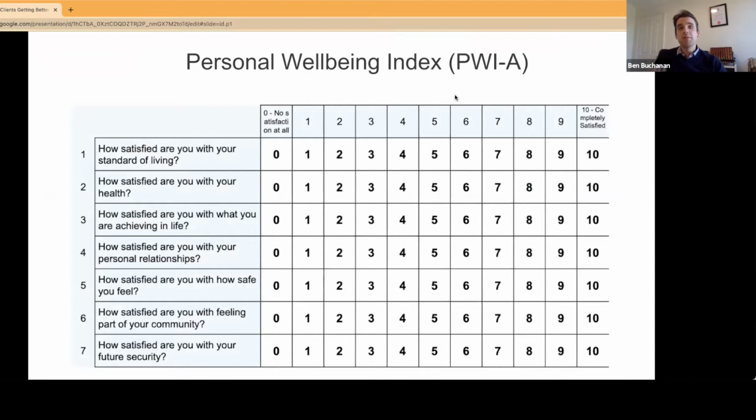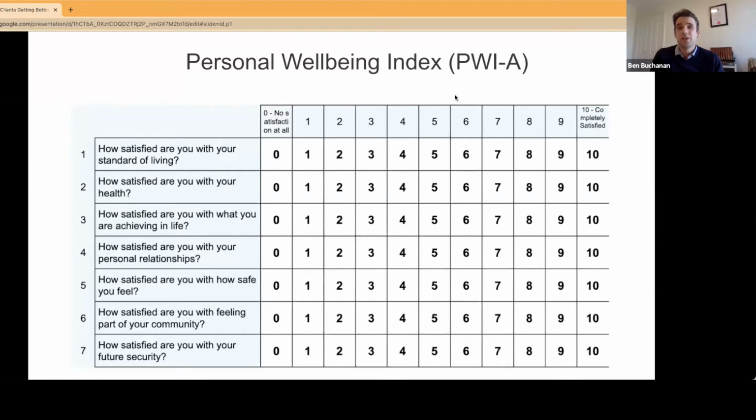Some psychologists don't want to focus on symptoms. So when they're asking me about what measurement they should be using with their clients, they don't want to use the depression, anxiety, stress scale. They don't want to use the K10. They want to use something that's more positive, more thinking about well-being. And the personal well-being index is a great measure that measures 7 of the most important areas to life.